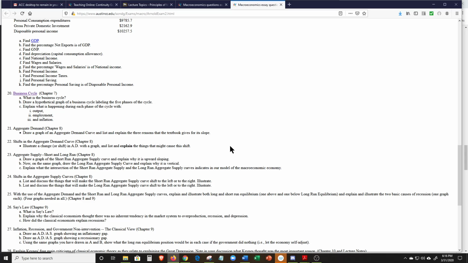And fortunately, it looks a lot like microeconomics in that we'll be talking about supply and demand. But not just supply, aggregate supply and aggregate demand. And we'll also be talking about shifts versus movements along the demand curve and shifts versus movements along the aggregate supply curve.